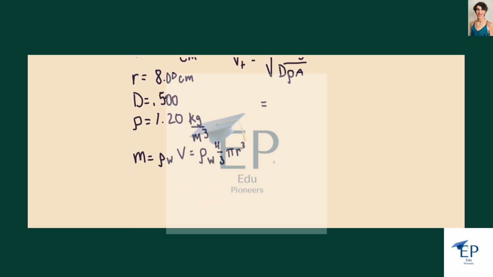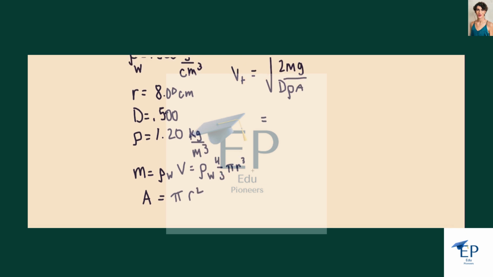And then A is the cross-sectional area, and the cross-sectional area of a sphere is a circle, so that's pi r squared.